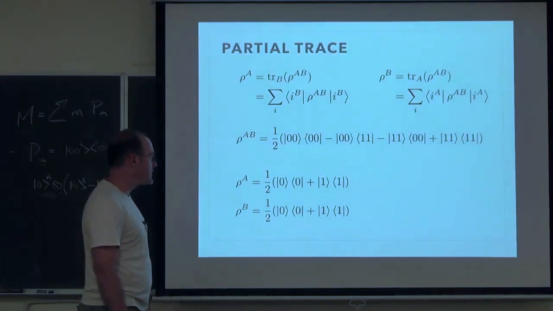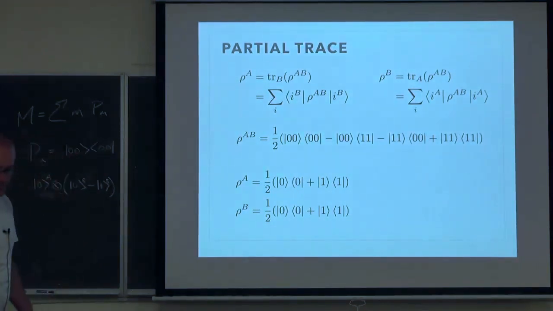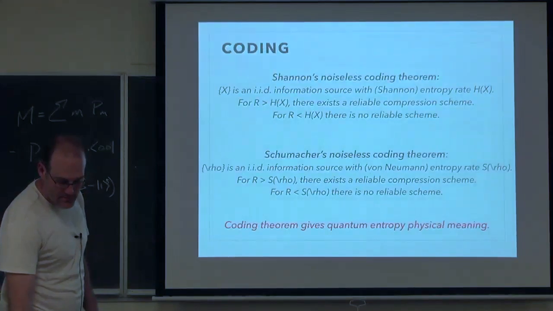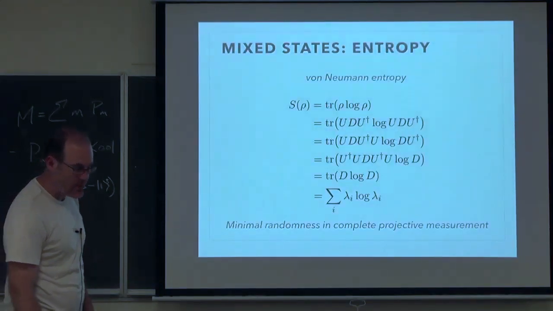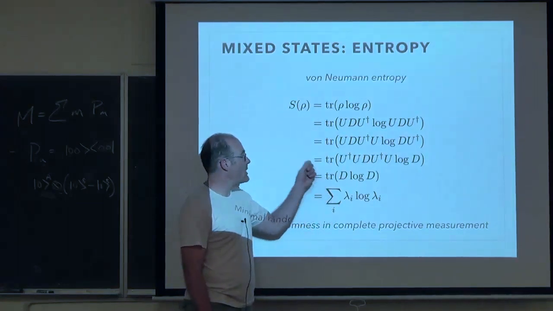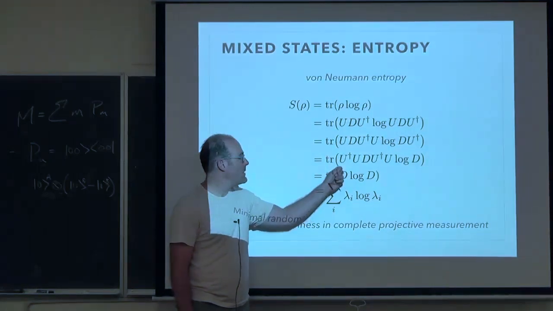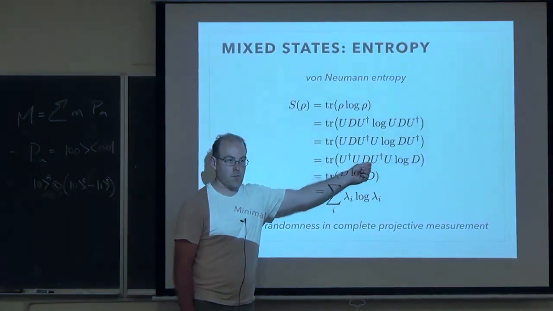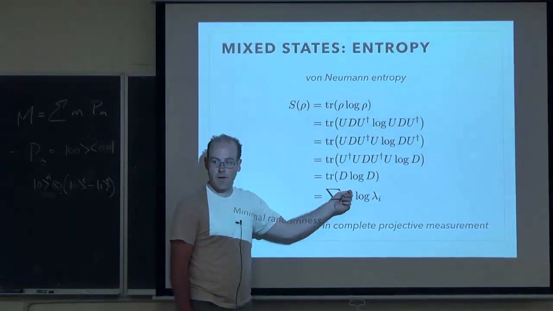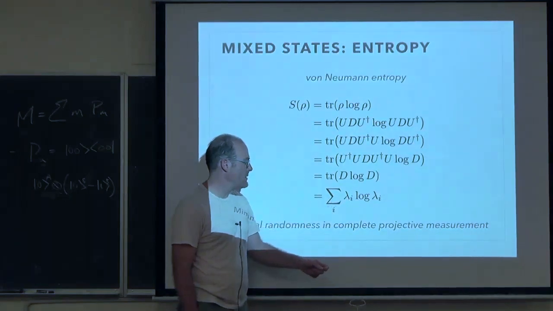And we know this because we know this form of the von Neumann entropy. When we express the density operator in its spectral form, where we have the unitary, diagonal, unitary form, then these guys are just the diagonal elements of the diagonal matrix.